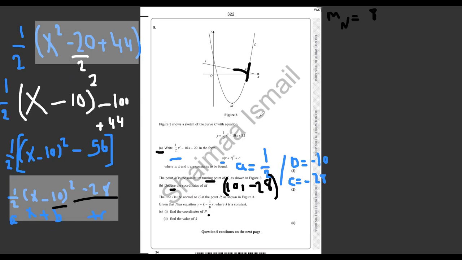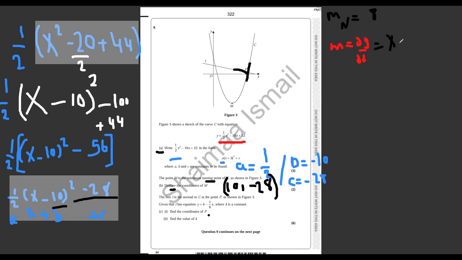So the derivative, just to get the gradient dy over dx, will be equal to 2 multiplied by half, which is 1.